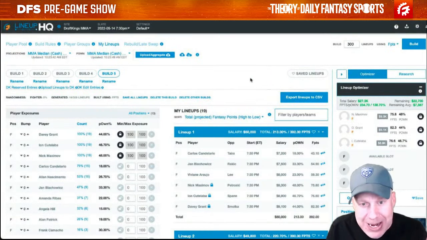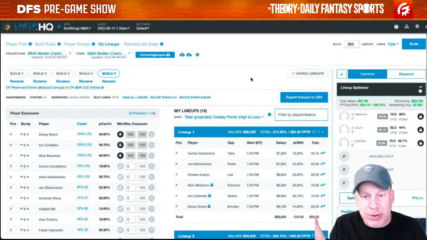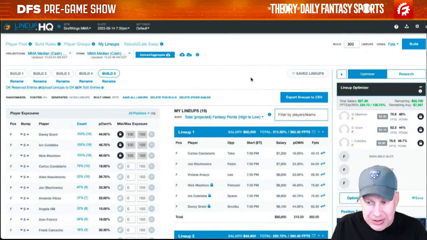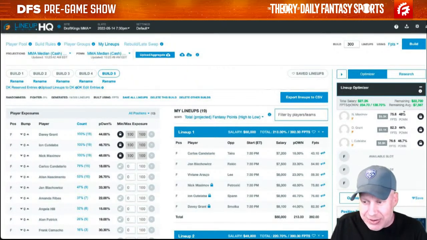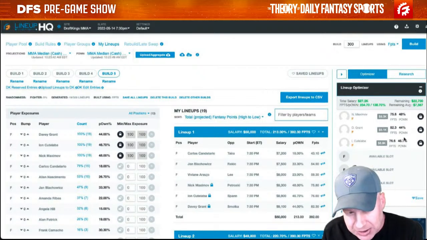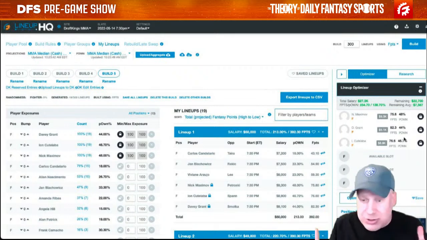The main GPP on DraftKings is about 31,000 entrants. I think it's 31,700, something like that. Even if we multiply these numbers together, 48%, 44%, and 46.7%, some lineups could have one but not the other, so it's not perfect.